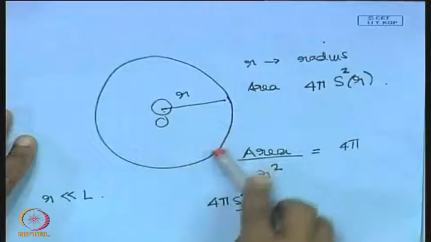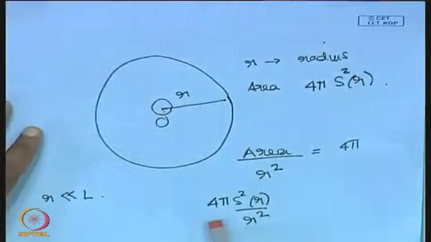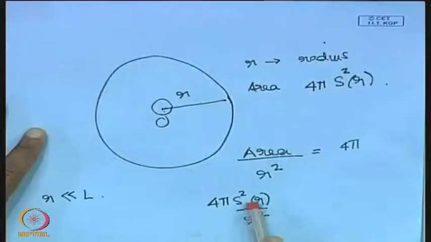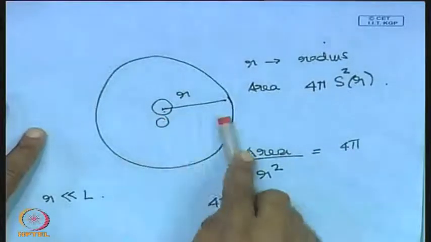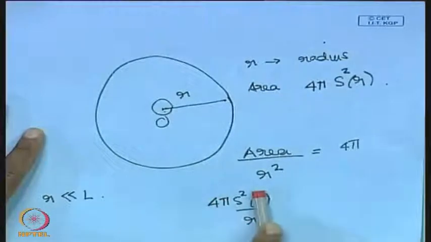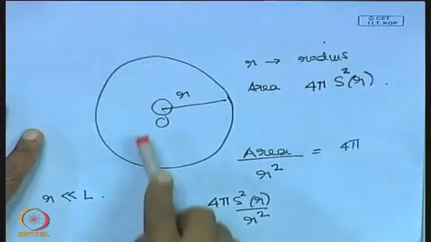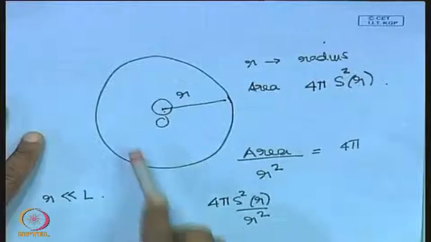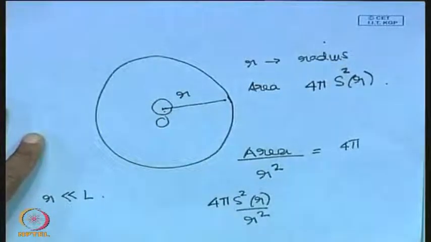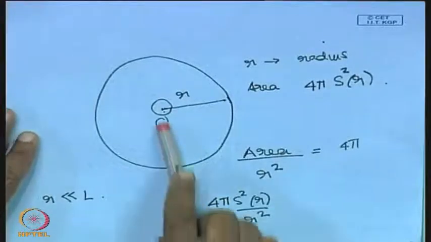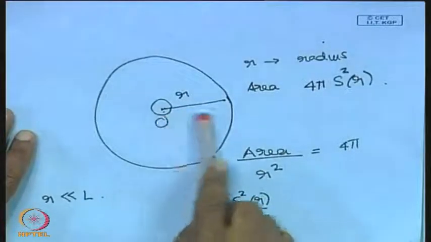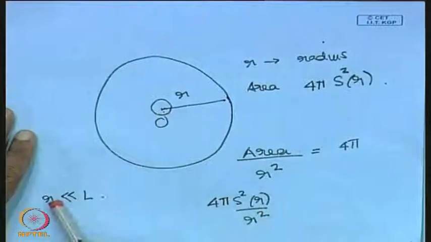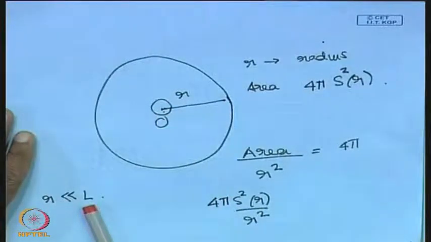So, the surface area of the sphere is given by 4 pi s squared in general, and the distance is r. So, the ratio of the surface area to the radius squared is not a constant, it is a function of r. That is the way the curvature of space manifests itself, and this ratio becomes a constant when the radius is much smaller than the comoving radius of curvature.